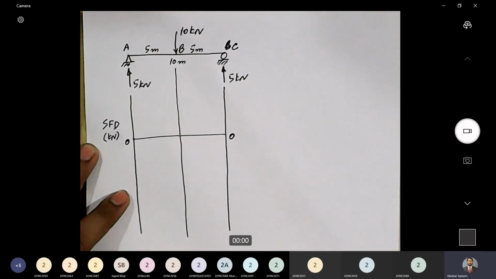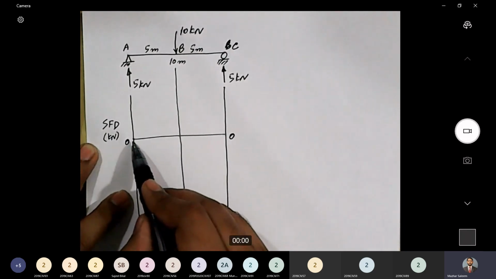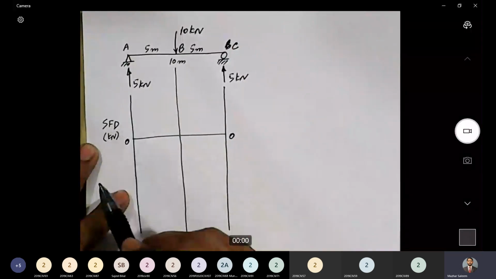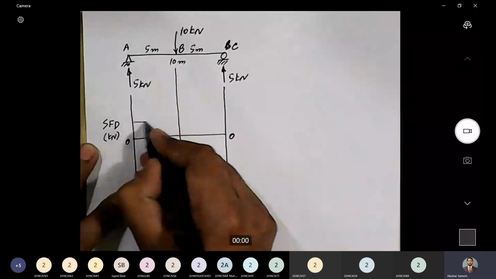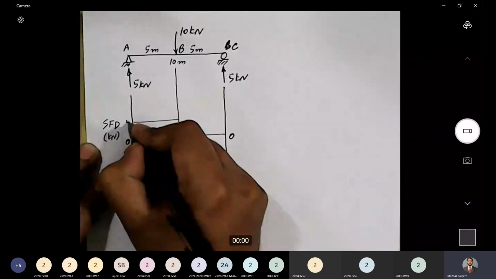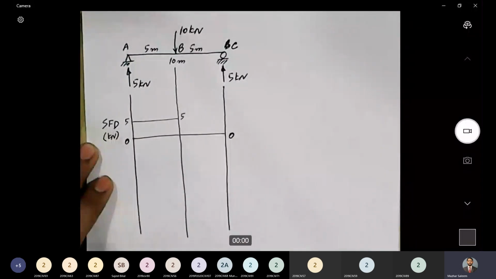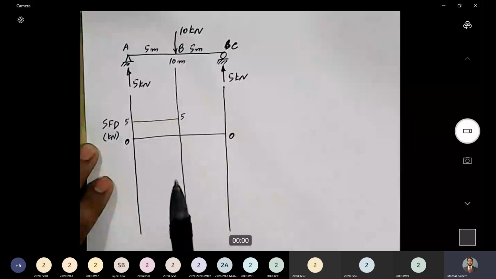Now, for portion AB, what was the value of shear that we calculated? It was equal to 5 kilonewton. So we will draw a line showing a constant value of 5. These SFDs and BMDs will be drawn on a rough scale.